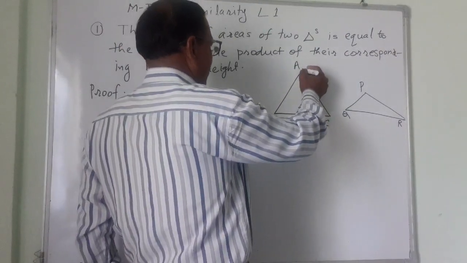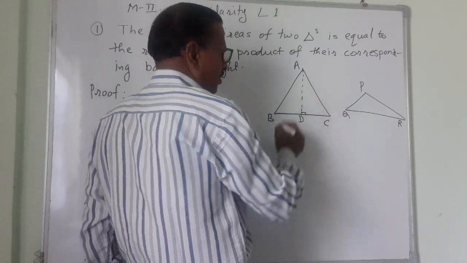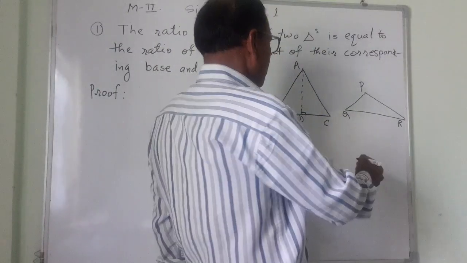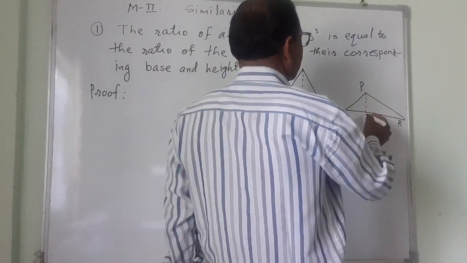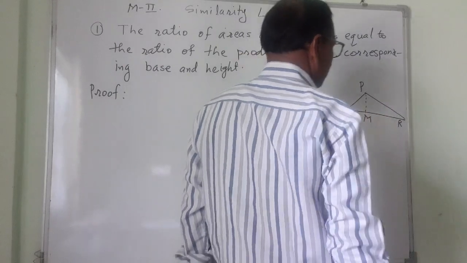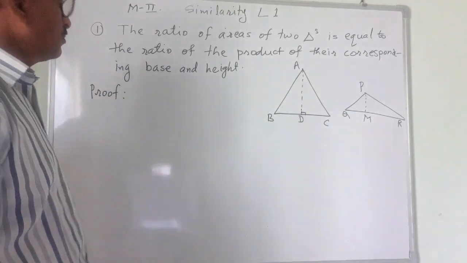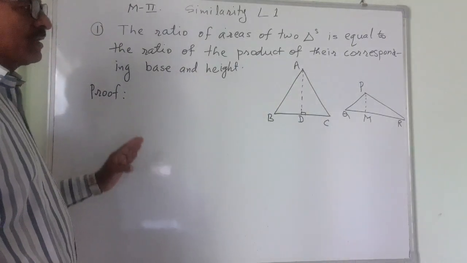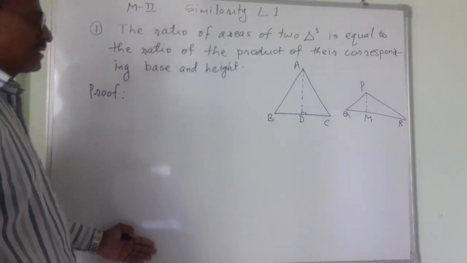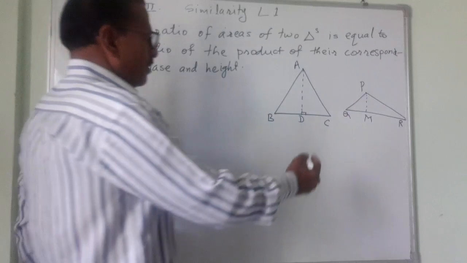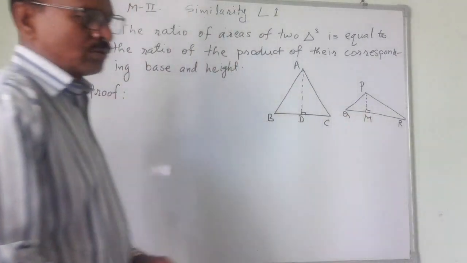This way, this is suppose D. Here also, on QR as the base, this is M. Don't forget to write the steps, given and to prove, and then the proof. As the space is less, that's why I am avoiding some of the steps. You can do those steps, given.